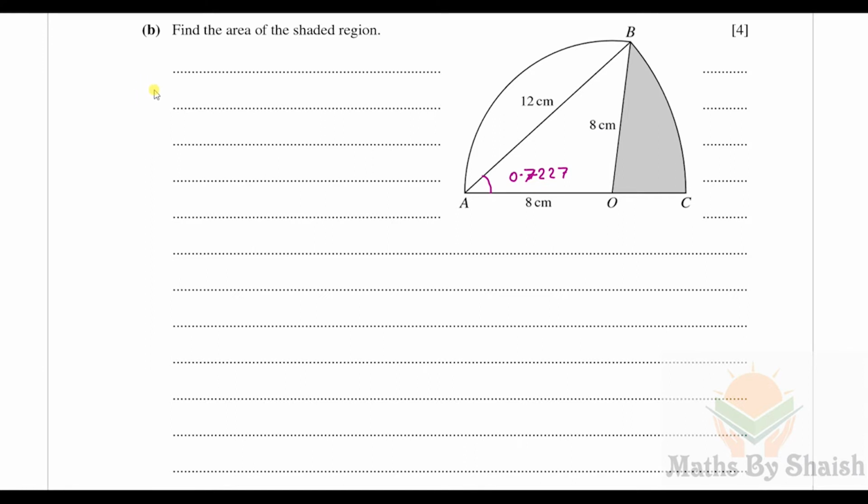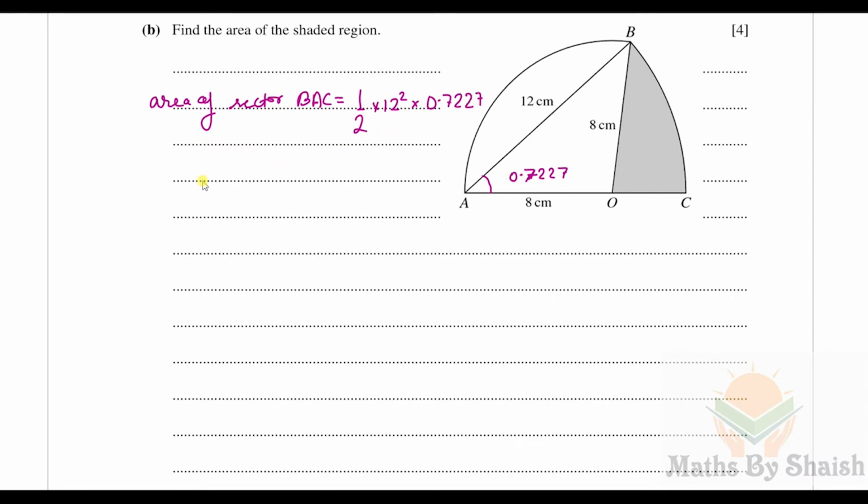So first of all, area of sector BAC, that is half r squared theta. So half times 12 squared into theta, which is 0.7227. This is true because we have the angle in radians.